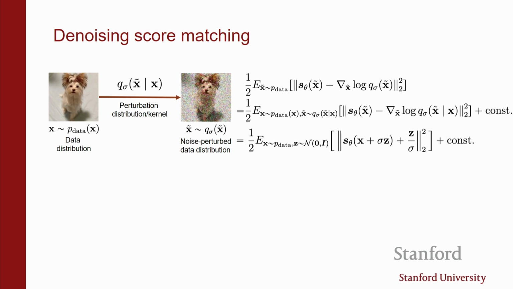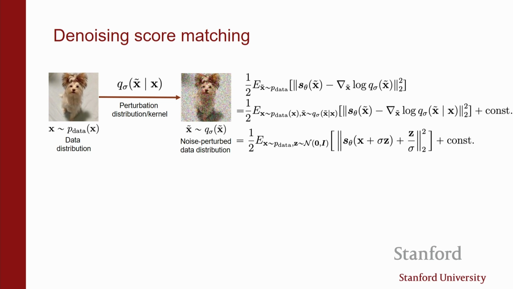So basically, if you can train a model S theta that can take a noisy image, X plus noise, and estimate the noise vector that was added to the image, so if you can somehow go from this noisy image to the clean image, or equivalently, you can figure out what the vector of noise was that was added to this image, which if you subtract it will give you back the clean image. So if you can denoise, then you can also estimate the score of the noisy data distribution Q sigma.